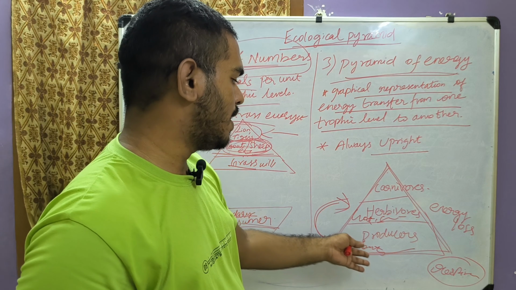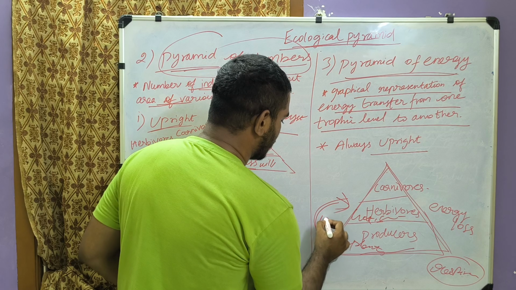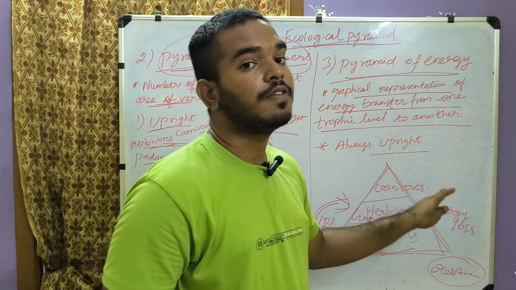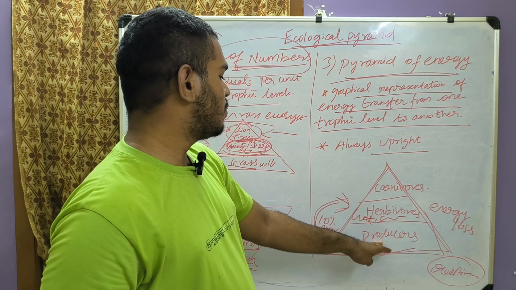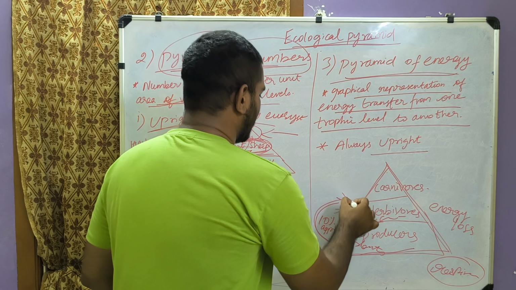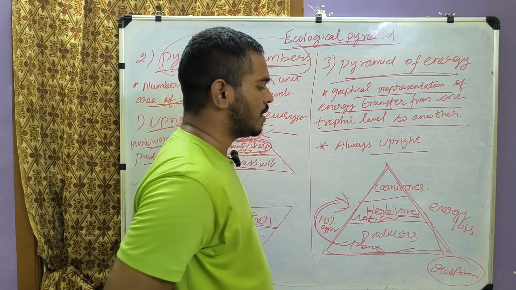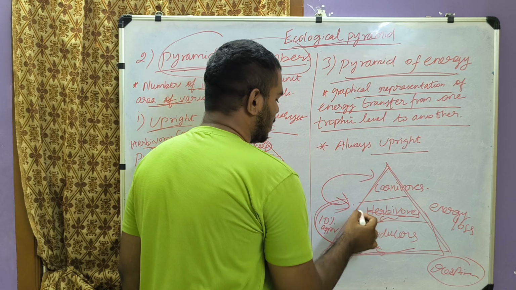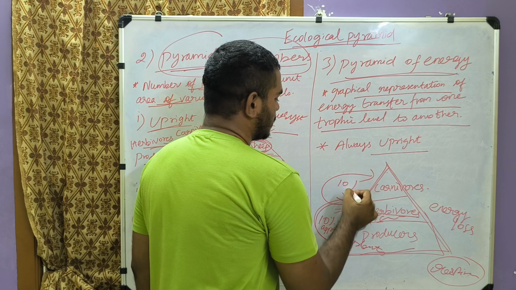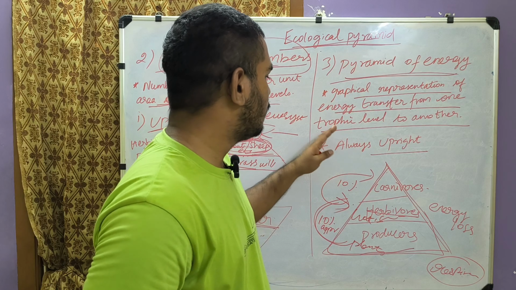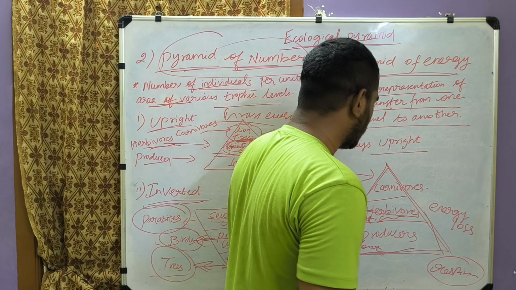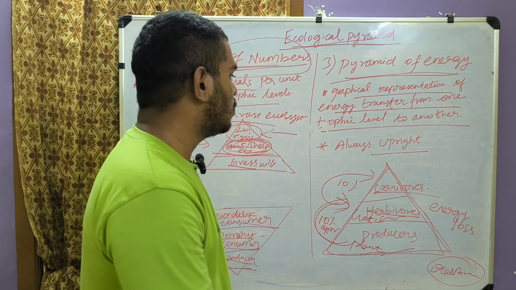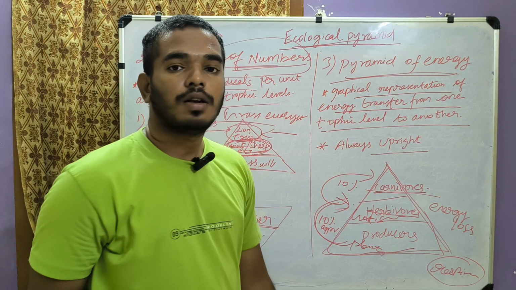Only approximately 10% of the energy flows from producers to herbivores. Again, here also respiration will happen and energy loss will happen. Then again only 10% from this will flow to the top carnivores.